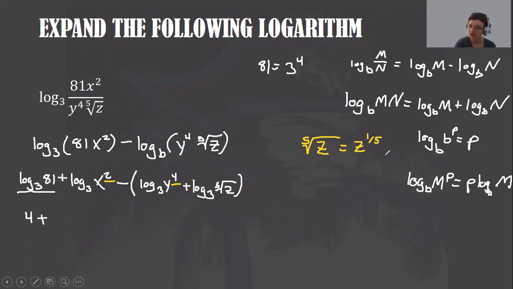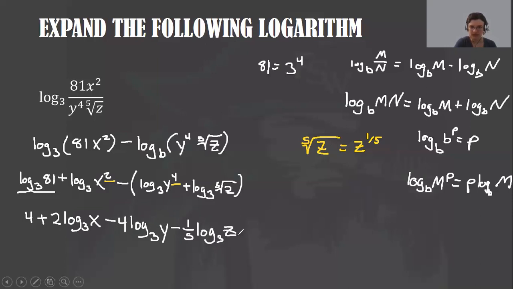So that means I'll put a 1/5 in front of that term, giving us a 2 log base 3 of x. And we also have this minus sign in front, so we might as well distribute that. So we have a minus 4 log base 3 of y minus 1/5 log base 3 of z.